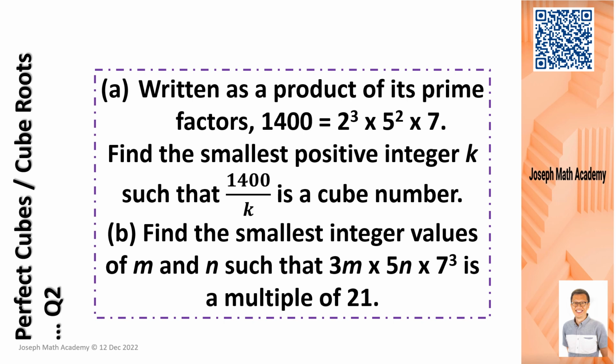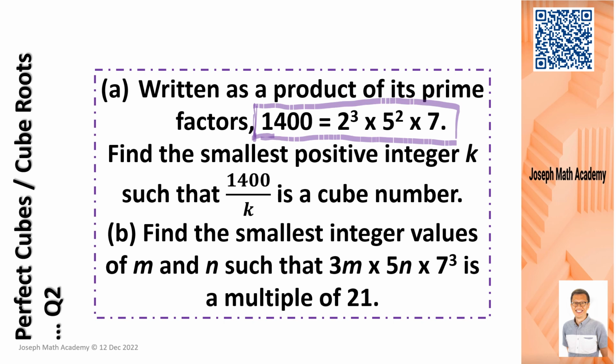For part A, written as a product of its prime factors, we have 1400, and 1400 is equal to 2 to the power of 3 or 2 cubed times 5 to the power of 2 or 5 squared times 7. So 1400 in index notation is 2 cubed times 5 squared times 7.